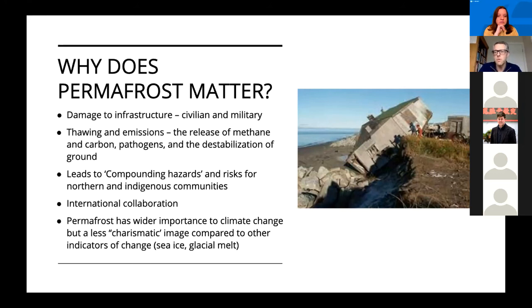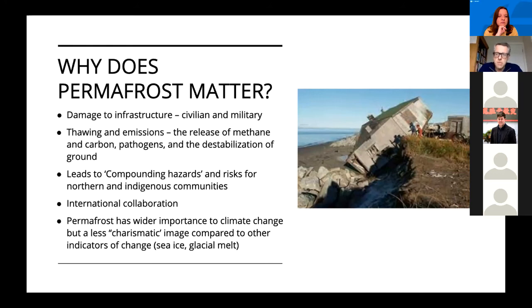That infrastructure can be civilian, but as recent reports in Alaska reaffirm, even the military is finding that permafrost thaw and disaggregation is costly and damaging. It also carries important and enduring consequences for northern and indigenous communities all over the circumpolar Arctic, but particularly in Russia, Alaska, and Canada.